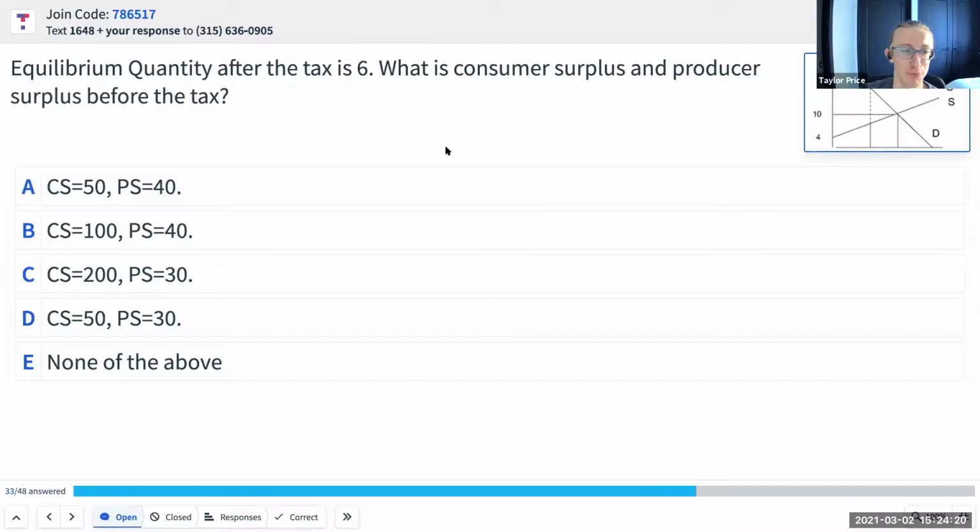You can just pick a letter, because these are not graded by correctness, just as long as you participate. Okay, another 30 seconds.